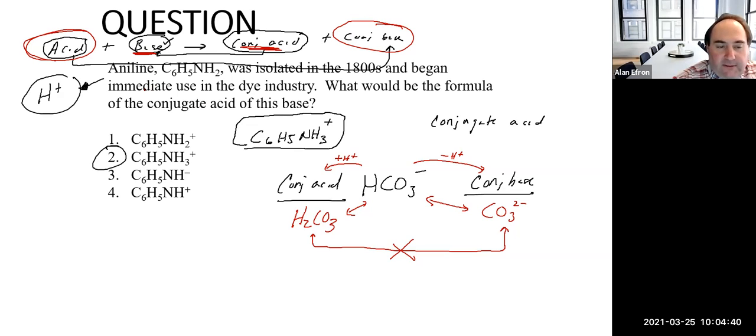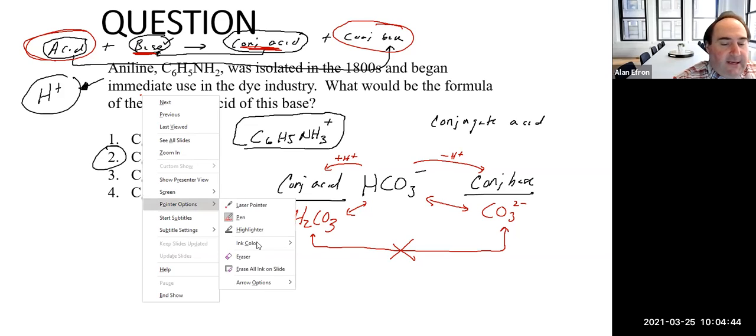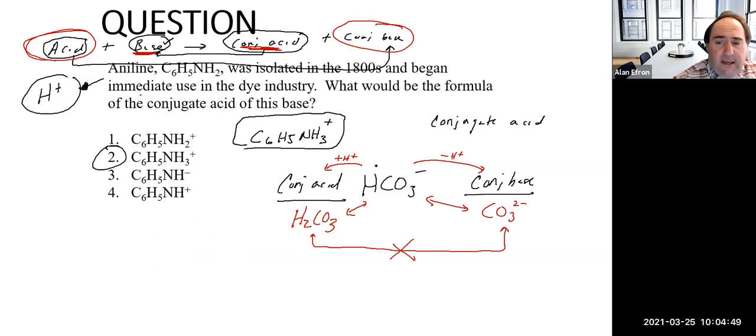You may also notice from this that in one case, this acted as an acid, and in the other case, it acted as a base. There are a lot of things that can do that. A lot of times this happens when you have something that has an H and a minus, and it gives it the ability to do both things. It can act as an acid or a base, depending on the situation. Those things that have the ability to act as an acid or base are referred to as being amphoteric.